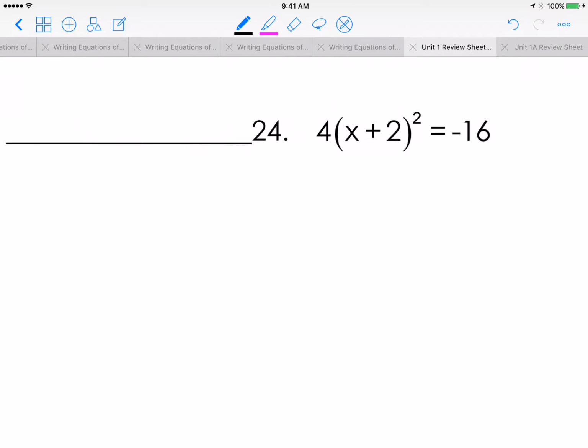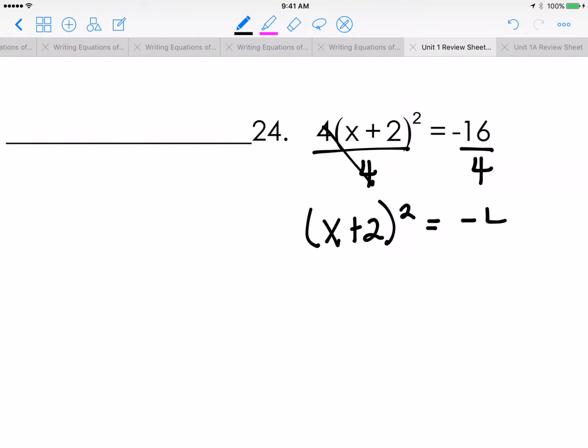Okay, last one in square roots. Same thing here. We've got to divide by 4. Got to isolate that first. So we get x plus 2 squared is equal to a negative 4. So then we've got to take the square root of both sides.